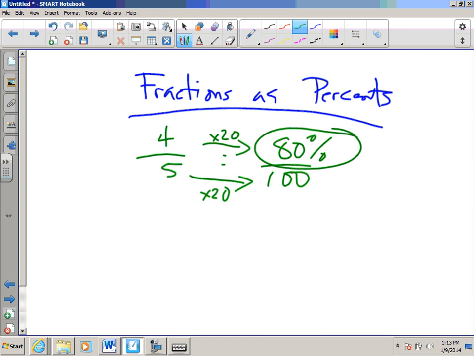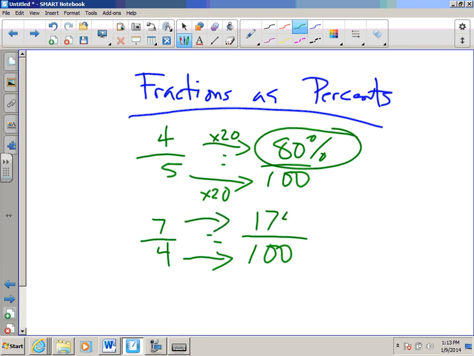If we had 7/4, don't freak out that it's an improper fraction, right? We would still compare it to another fraction with 100 as the denominator. 4 times what is 100? So then 7 times 25, 175, since that's on top, 175%.